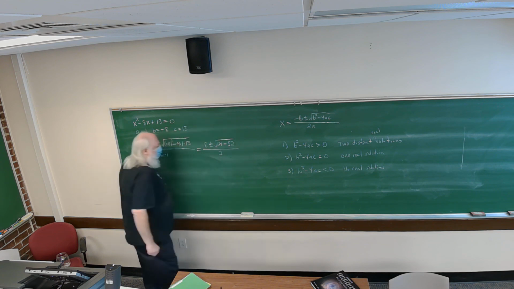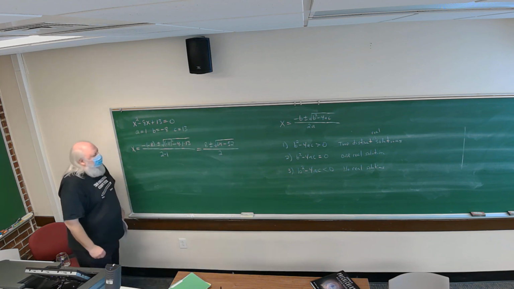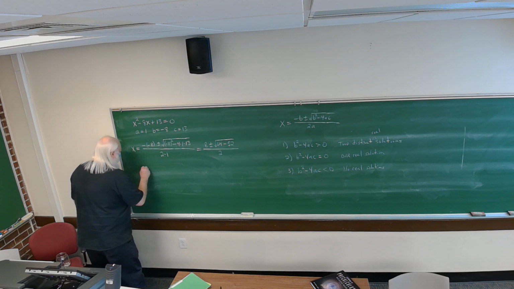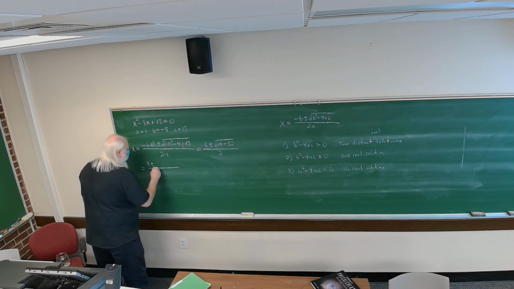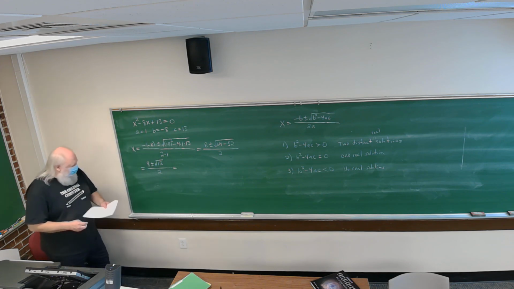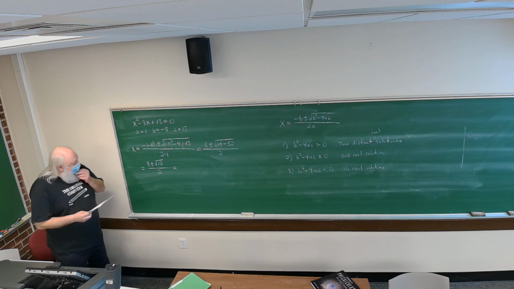The denominator 2 times 1 is 2. So the discriminant, right, is simplifying to 64 minus 52. 64 minus 52 is 12. So we have 8 plus or minus the square root of 12 divided by 2.